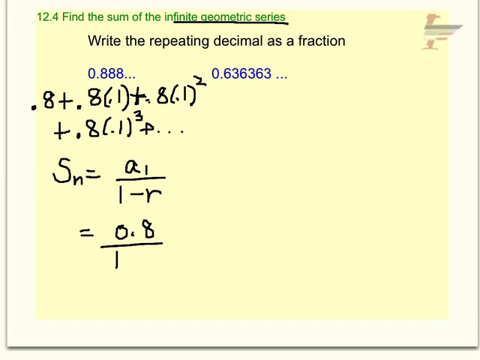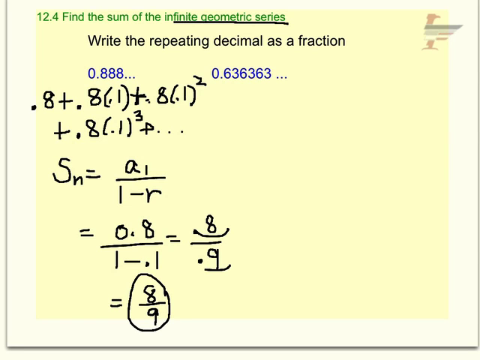My ratio is 0.1, which is the 10%. And 0.8 over 1 minus 0.1, which is 0.9. And if I move both of those decimals over one place, I get 8/9. And 8/9 is 0.88888 repeating. So there's my repeating decimal as a fraction.